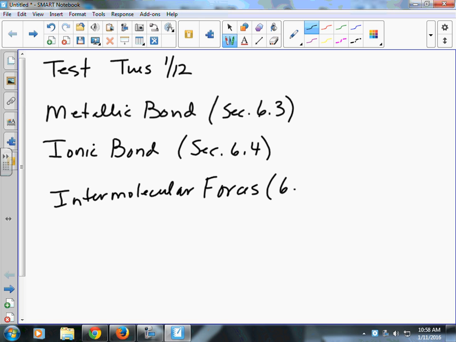And this is the back end of section 5, from page 203 to 207. We're going over that today. We're going to keep it very basic.